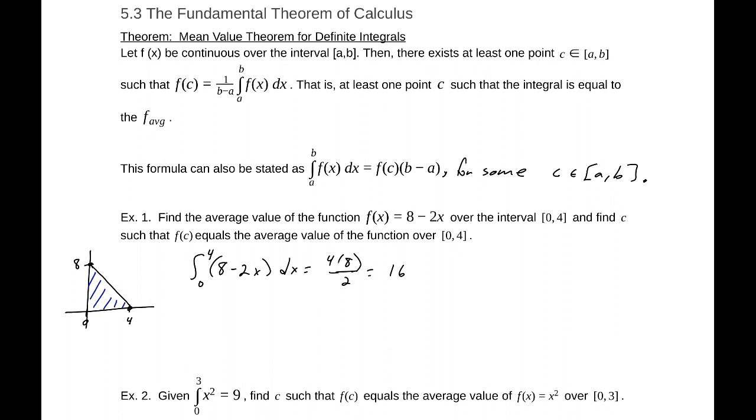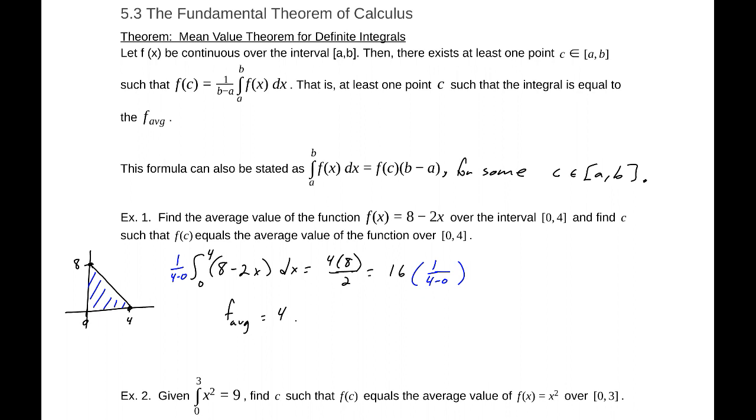Okay, so the area is 16, so the average value is going to be, I'm going to introduce the 1 over b minus a, so times 1 over 4 minus 0, so that my average value, let's put that as a subscript, is equal to 4.